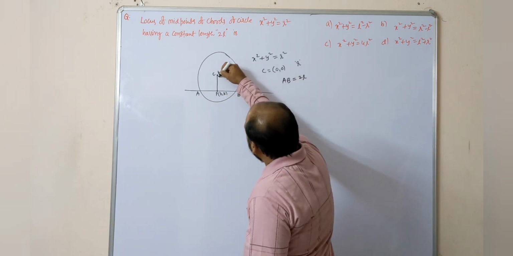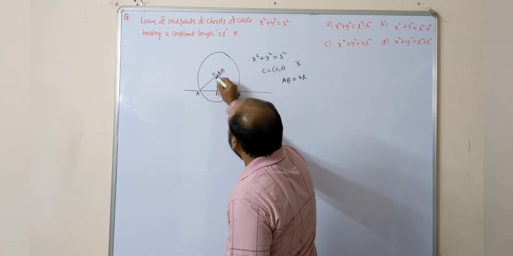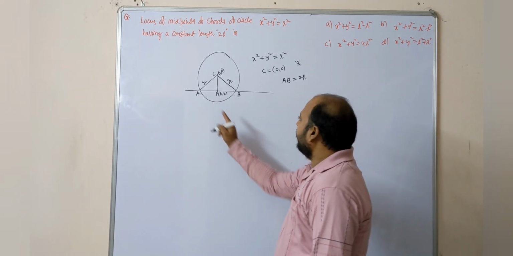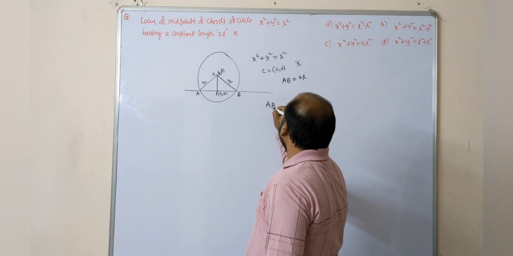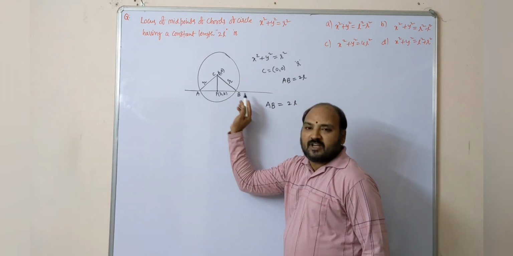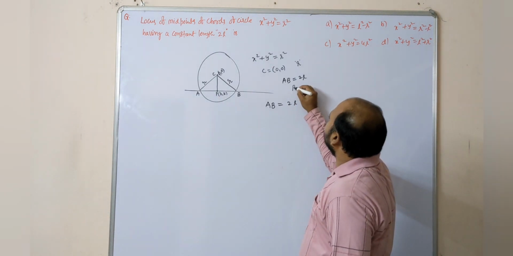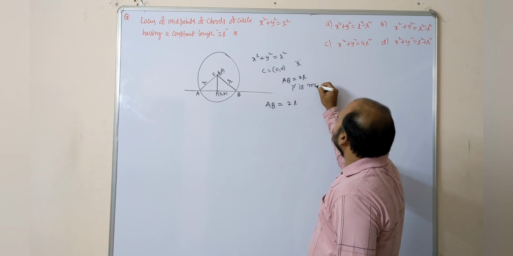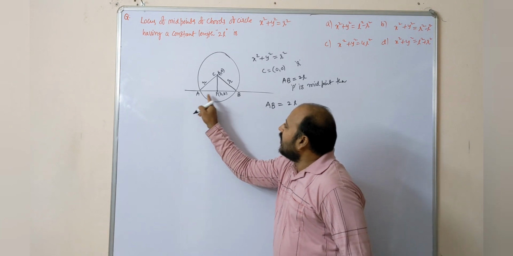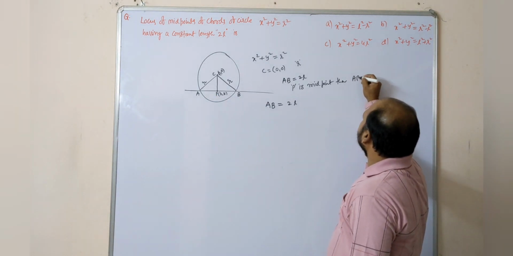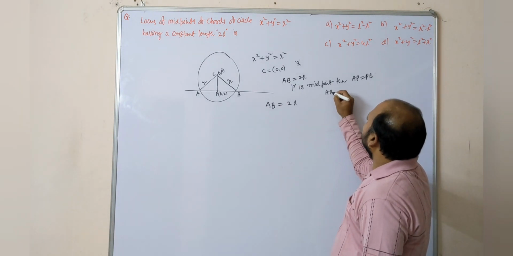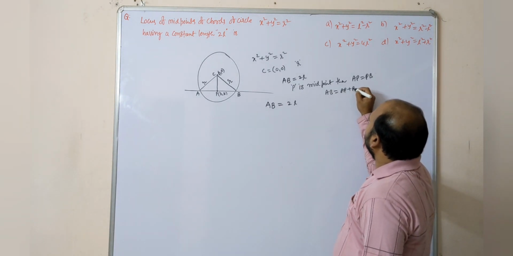From here to here it is a radius, obviously. Even from here to here is also a radius. This is radius, this is radius. AB length is equal to 2l units. Whenever P is the midpoint of the chord, then AP is equal to PB. So AB can be written as AP plus PB.